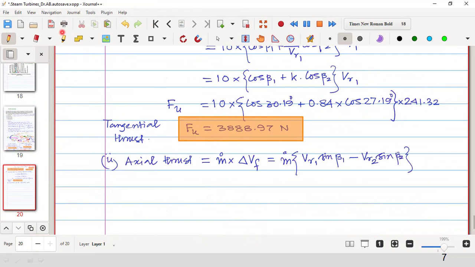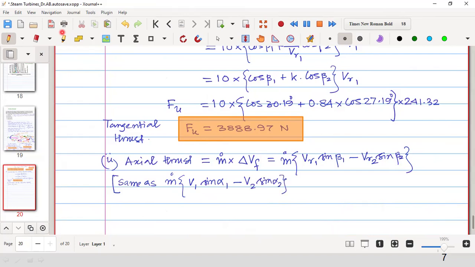You could write in terms of alpha 1, alpha 2 also. That will be the same as that. So in brackets I am writing, same as m dot multiplied by, that means delta Vf is the same as V1 sine alpha 1 minus V2 sine alpha 2.